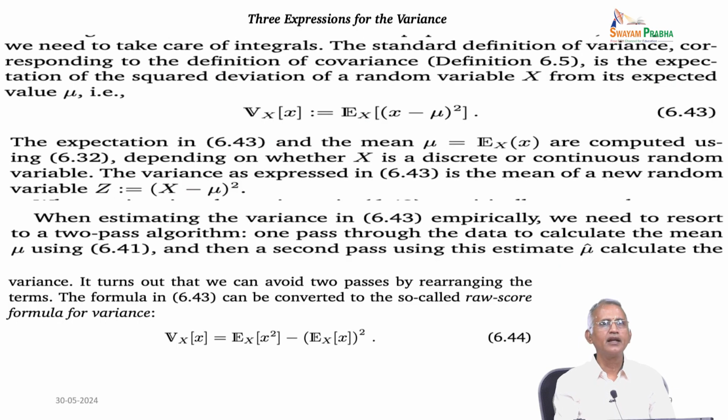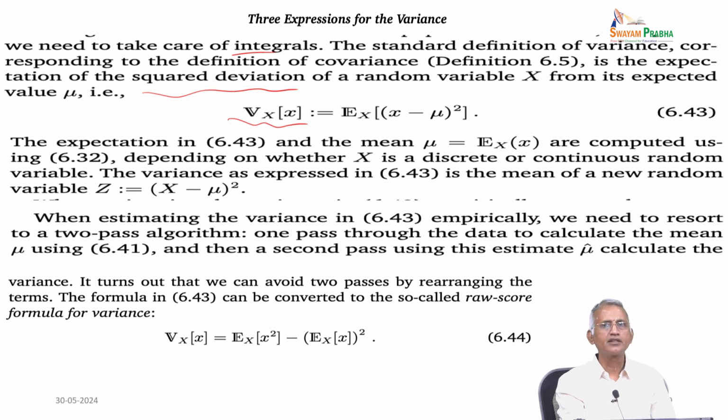Next, three expressions for the variance. So, we need to take care of the integrals. The standard definition of the variance, corresponding to the definition of covariance, is the expectation of the squared deviation of a random variable X from the expected value mu. So the definition is V[X] equal to the expectation of (X minus mu) the whole square.